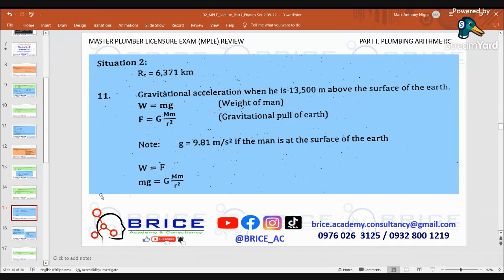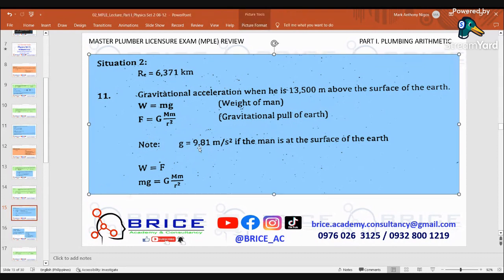W is equal to mg, weight of the man. Gravitational pull of the Earth, this is the formula. Note, g is equal to 9.81 meter per second squared if the man is at the surface of the Earth. W is equal to F, so F is equal to mg.